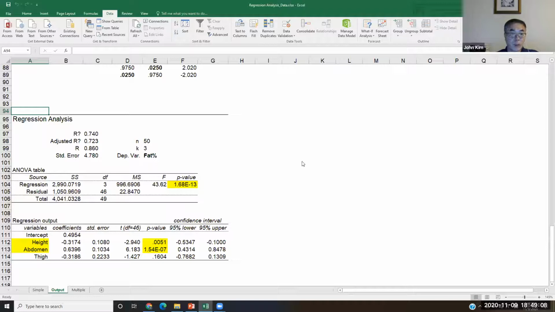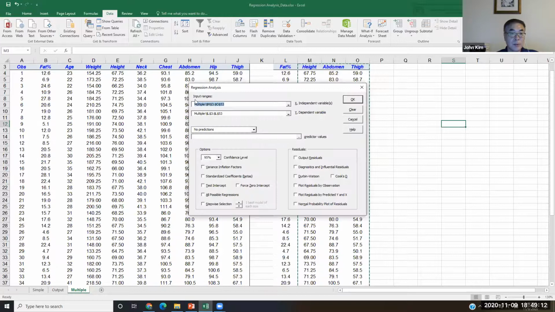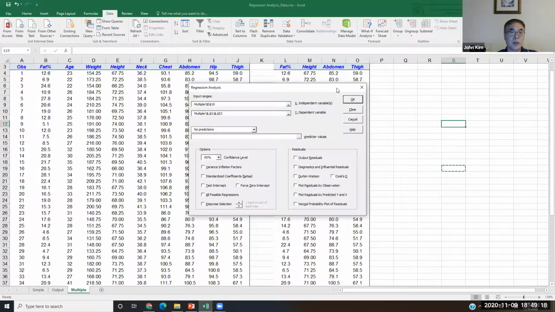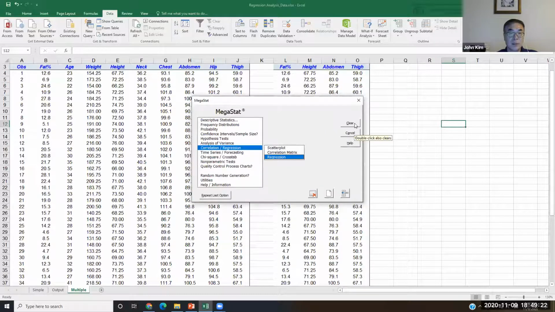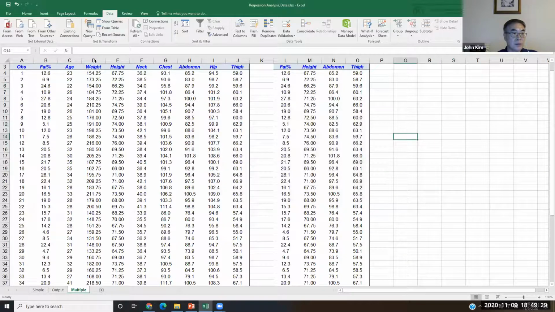Do it again. Regression. X variable, only heights. Oh, no, it was not heights. I did it wrong. Not heights, weights.